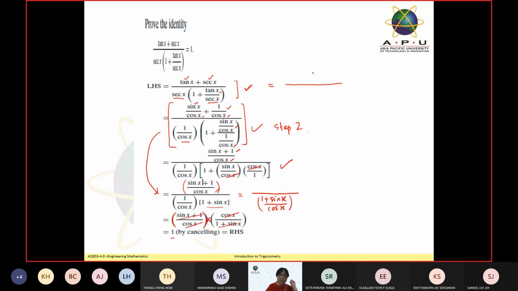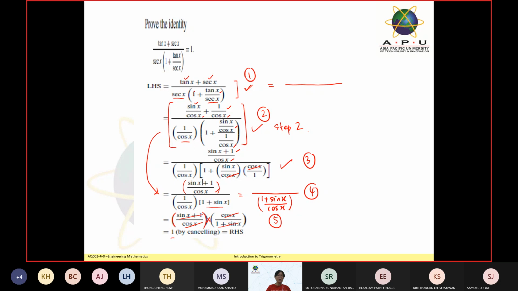Let's say I put them as number 1, 2, 3, 4, 5. From step 2, you can go to the fourth step, it's fine. But you cannot skip the second step, because this is a very important part.